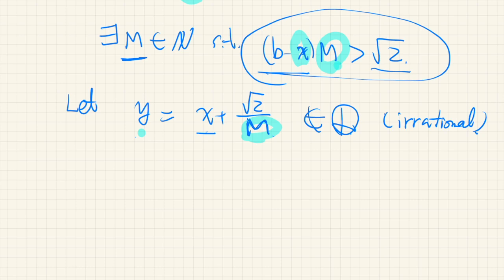Now, square root of 2 is positive and natural number m is positive, so x is less than y. And y is x plus square root of 2 over m.